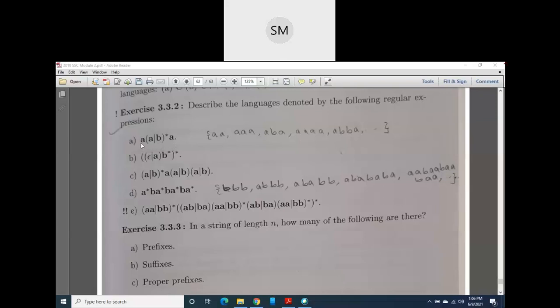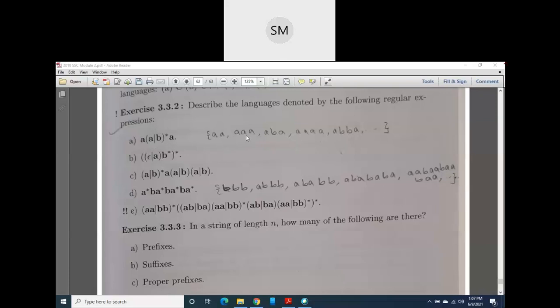What does it mean? It means that minimum there will be one A, followed by 0 or more A's or B's, followed by one A. The language will contain strings like this: the string will begin with compulsorily one A and end with compulsorily one more A. In between this A and A, there may be 0 or more A's or B's, which is indicated by this parenthesis star.